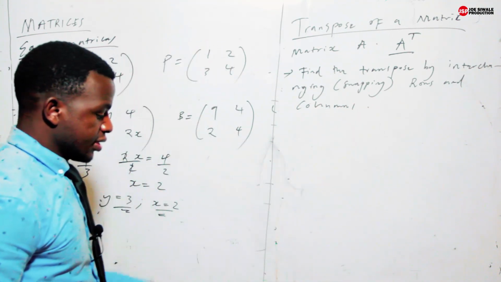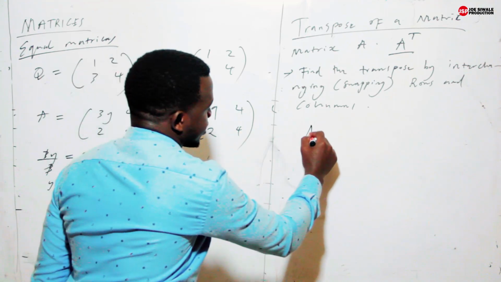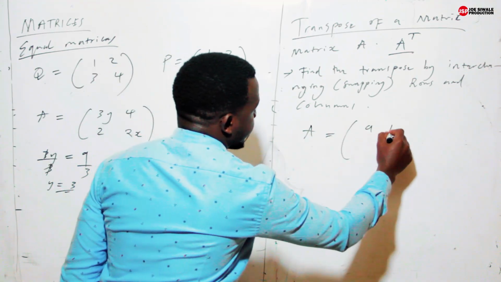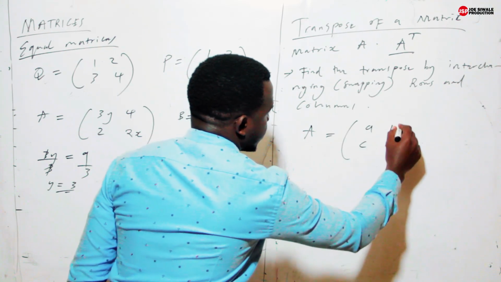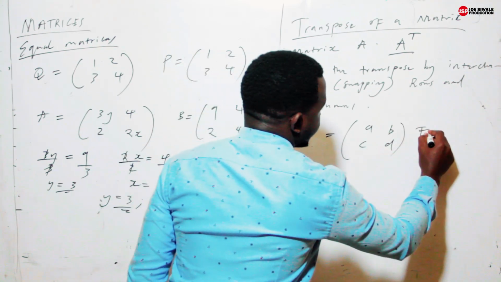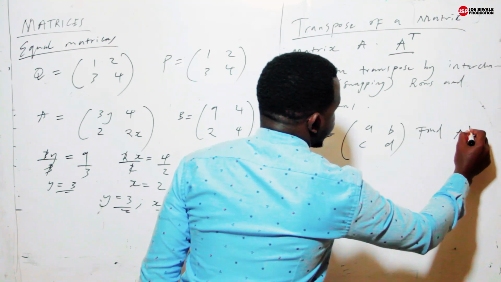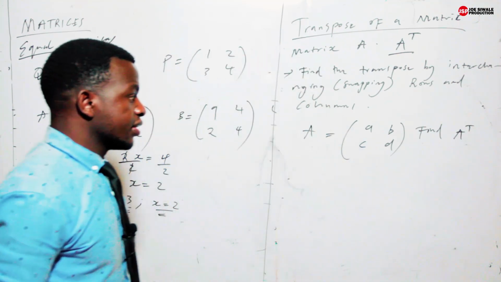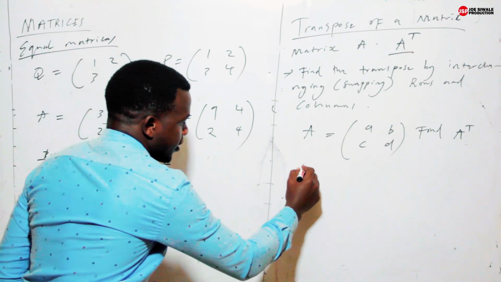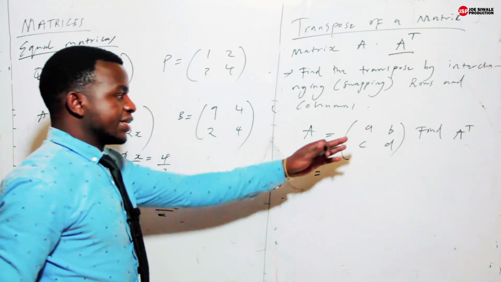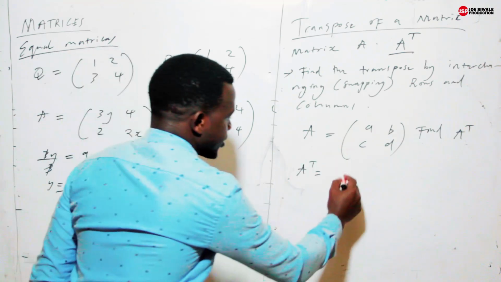Let us look at this example. So if we have matrix A is equal to A, B, C, D, and you have been told, can you find the transpose of A there? So to find the transpose of A, we are going to interchange the rows and columns.